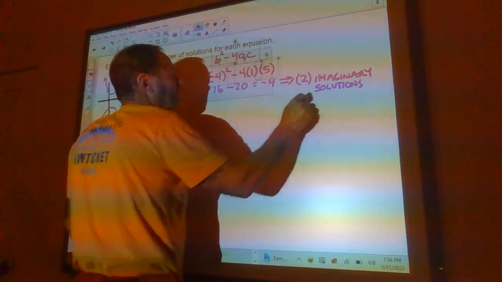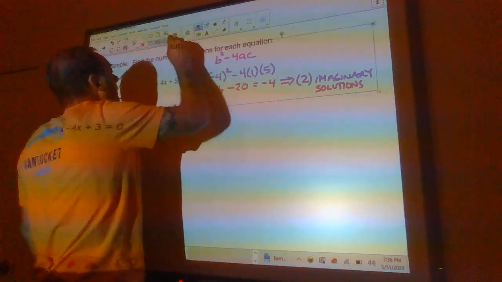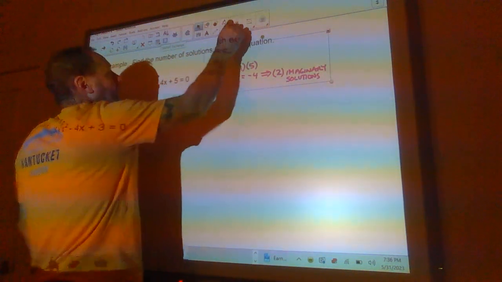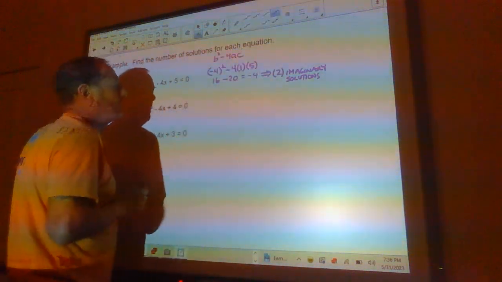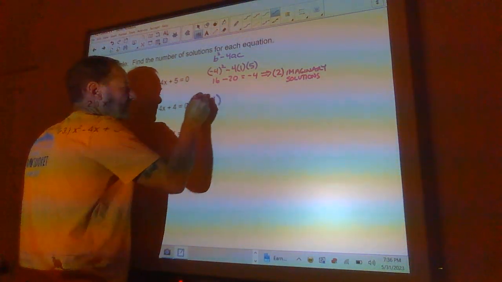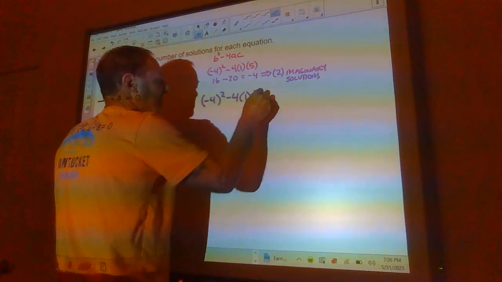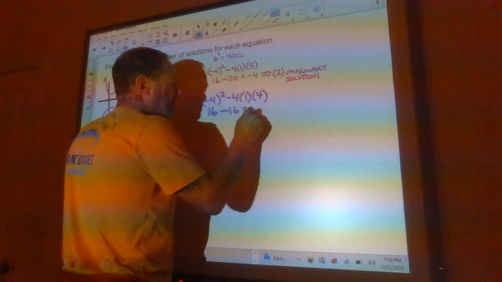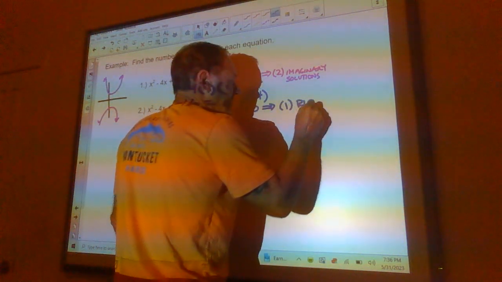Let's make some room here. Okay, so let's see. This time b squared is going to be -4 squared again, -4 times a times c. Okay, so this time I'm going to get 16 minus 16, which is 0, which implies 1 real solution.